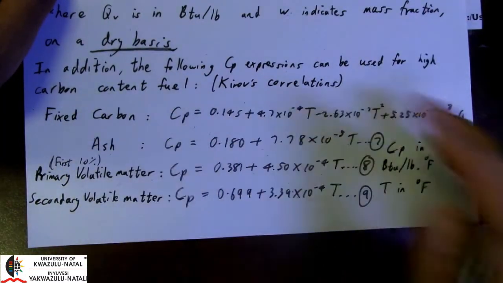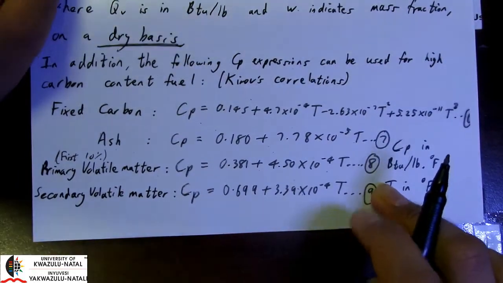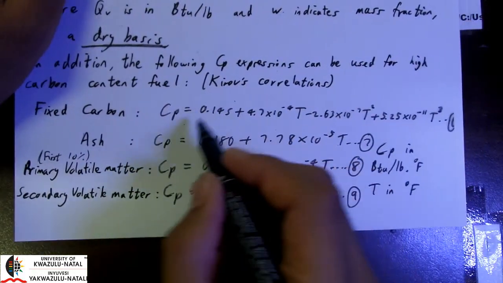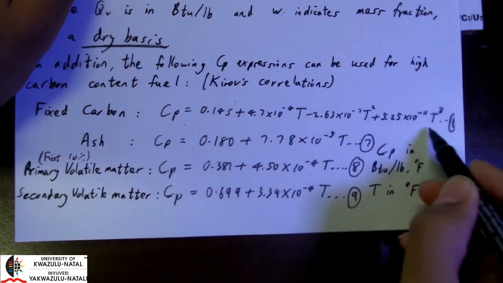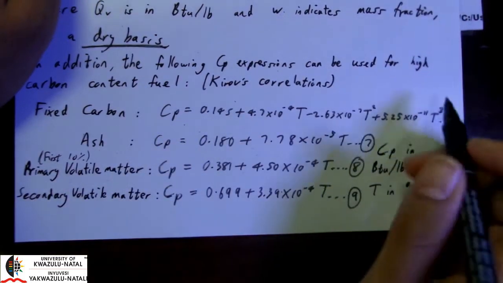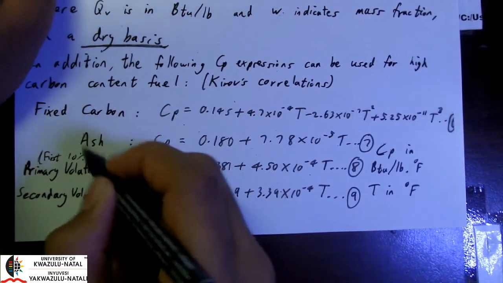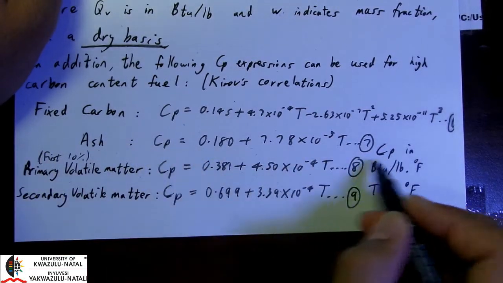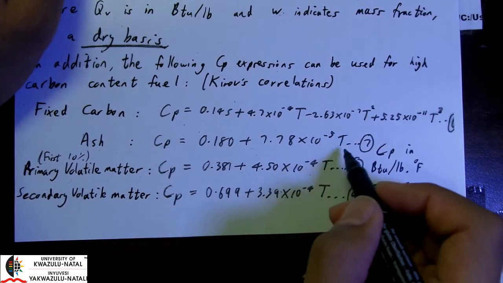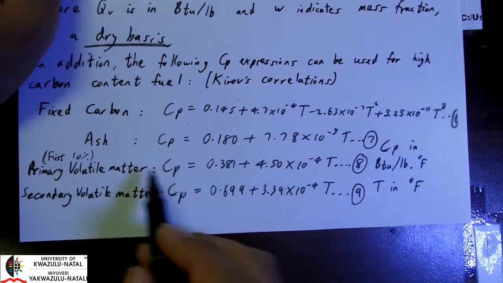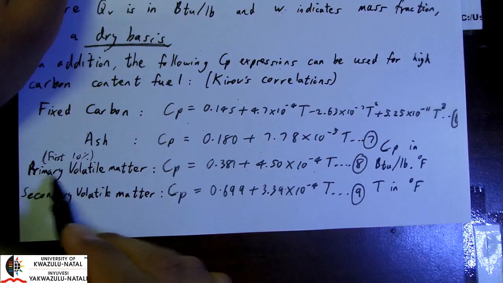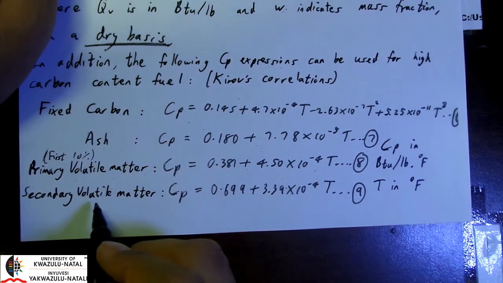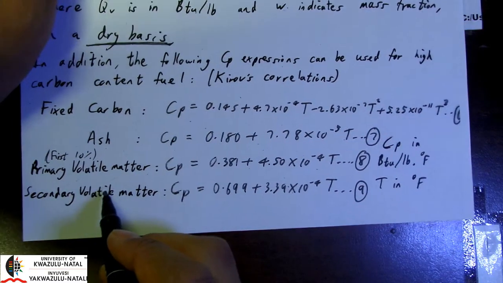So if we consider any fuel, the fixed carbon in the fuel can have a Cp according to the following expression. The ash content in that fuel will have the following specific heat capacity according to temperature. And then we have two groupings. We have primary volatile matter and secondary volatile matter.